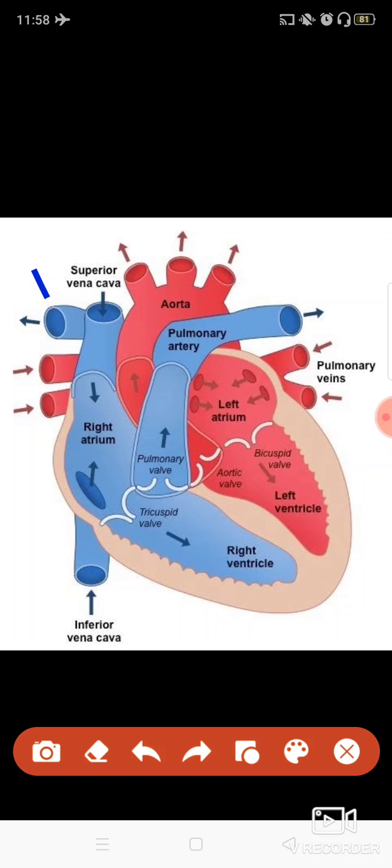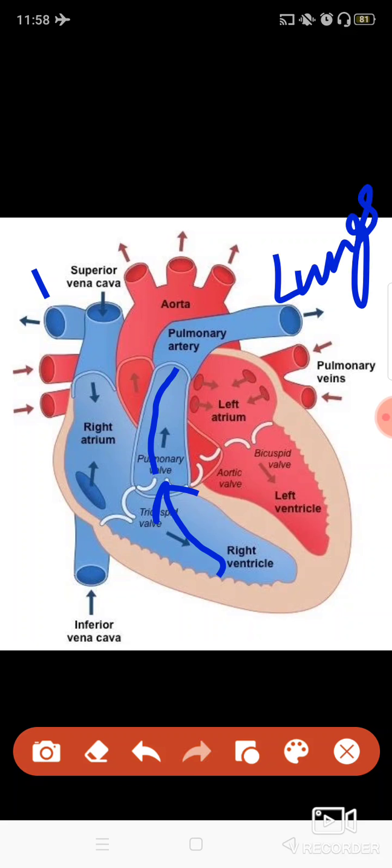Then these walls of the heart will push the blood to the pulmonary valve. The pulmonary valve will open and the blood will go from the pulmonary artery to the lungs for purification.